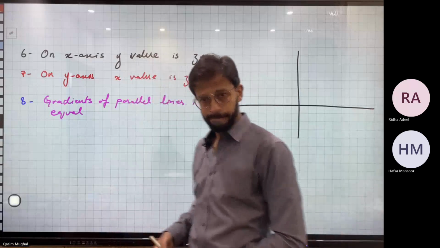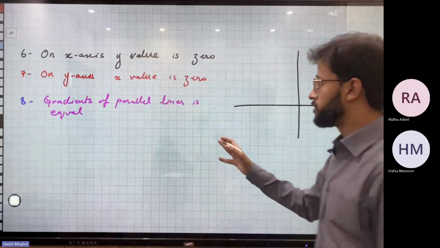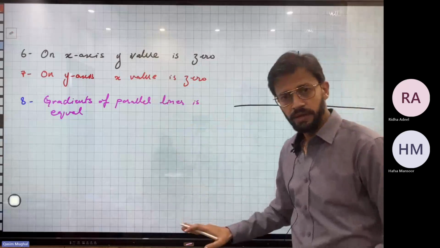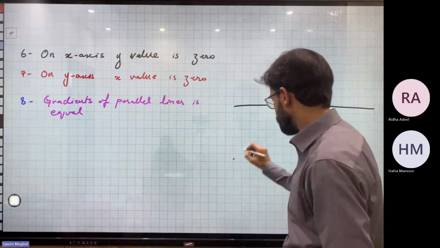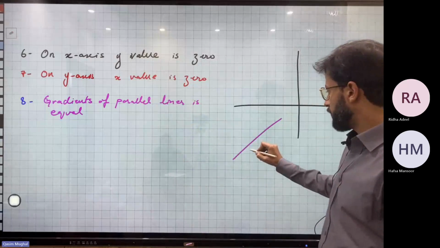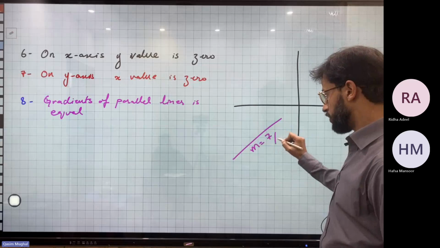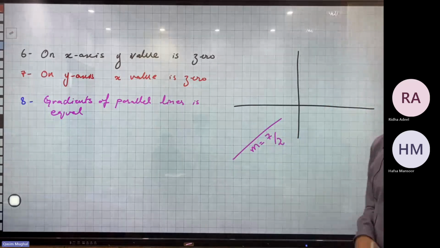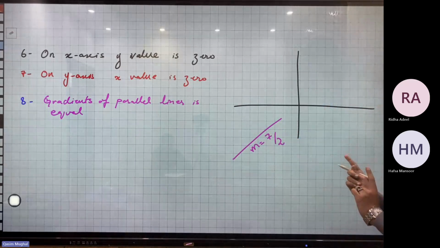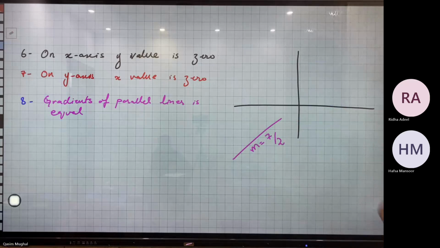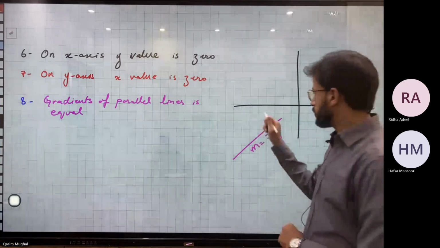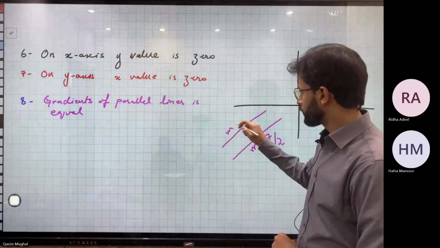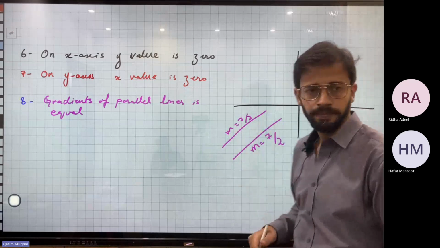Okay. So gradients of parallel lines are always equal. For example, if I have this line and the gradient of this line is 7/2, and a line is exactly parallel to it, what gradient is it going to have? 7/2. Okay, clear?